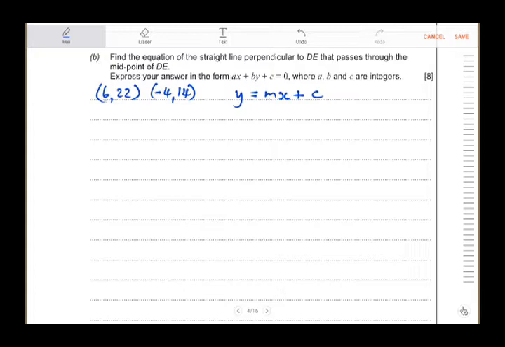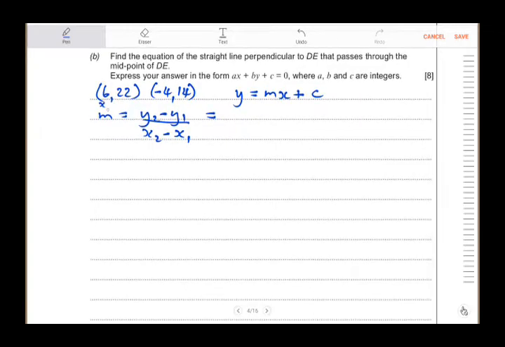To find m, if we know two points, we use the formula (y2 - y1) over (x2 - x1). Remember, this was x1, y1, x2, y2. Putting those values into the formula, the difference in the y's divided by the difference in the x's will give us m, our gradient.